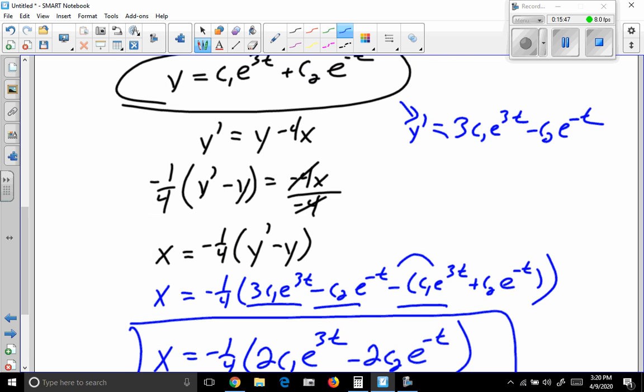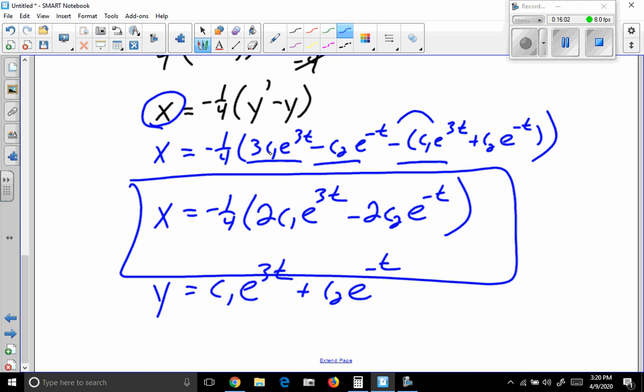After we get one solution, then use our differential system to solve for the other variable, substitute in our derivative and our function, and that allows us to find, in terms of the same constants, what the solution for x is.